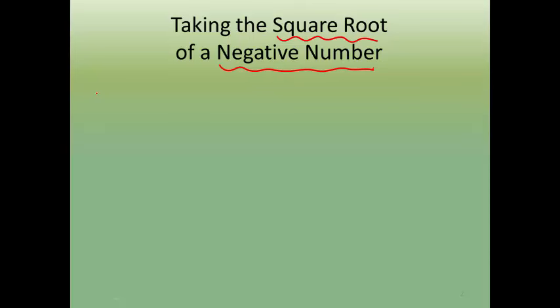So the premise is that I start with the square root of -1, and the square root of -1 is i, where i is imaginary. Okay? It's non-real, or imaginary.